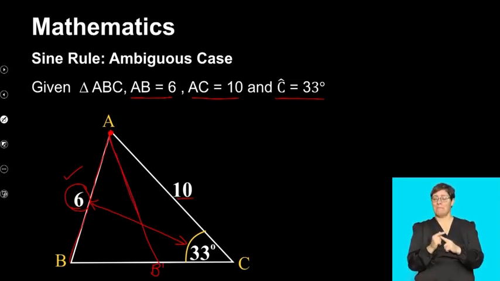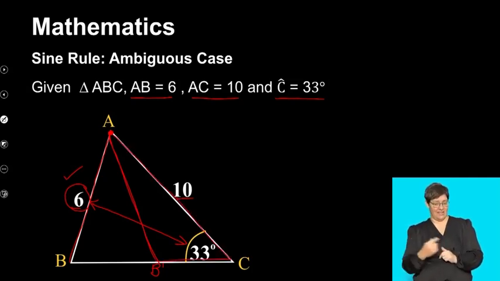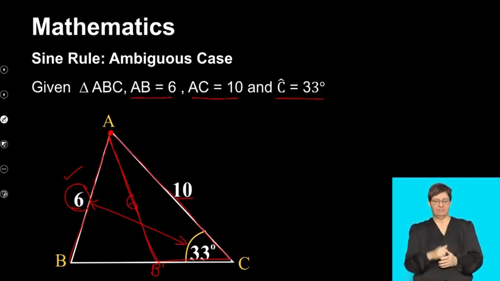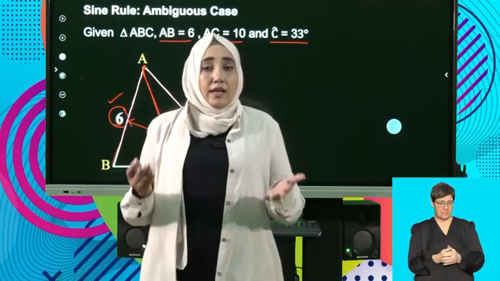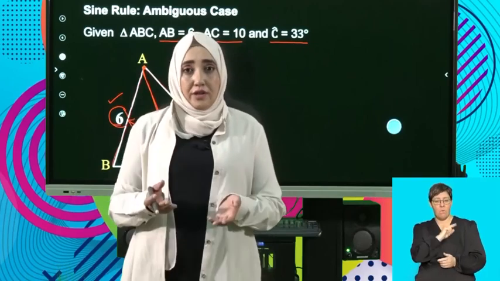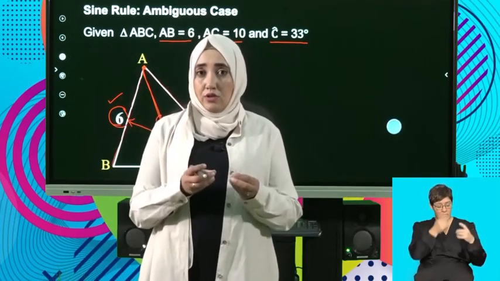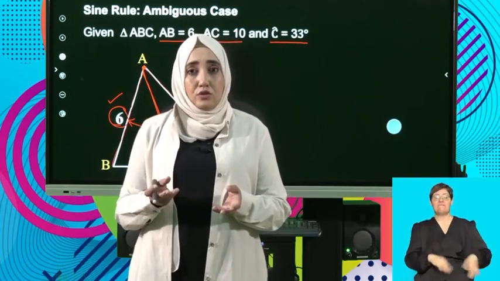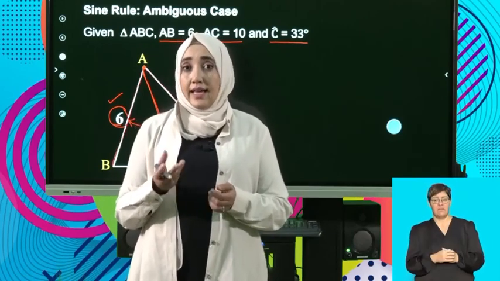It means AB is still 6 in the smaller triangle, AC is still 10, and C is still 33. So what we've created now is two different triangles with the same information. Because we have a smaller triangle and a bigger triangle, it means we can have two different values for our angles A and C.